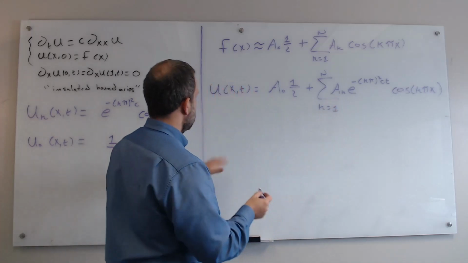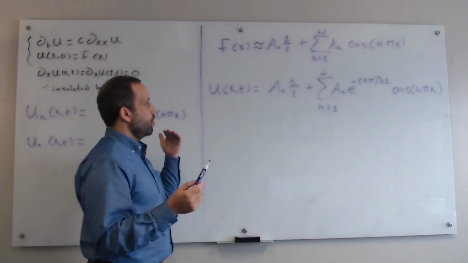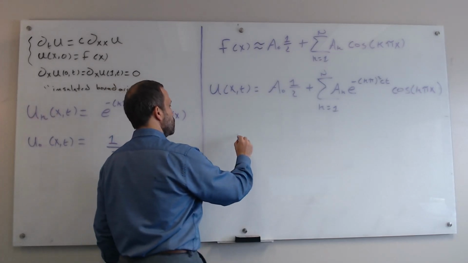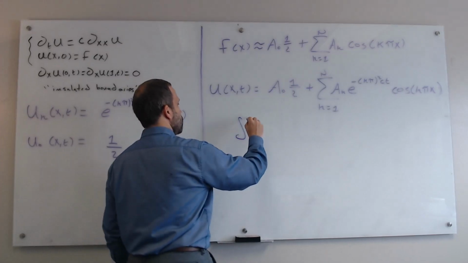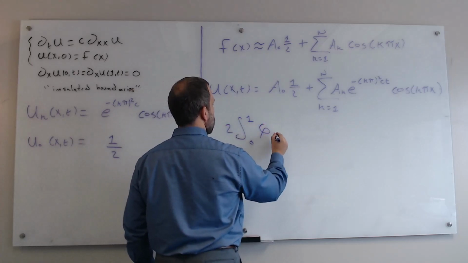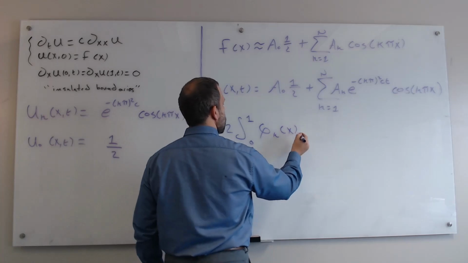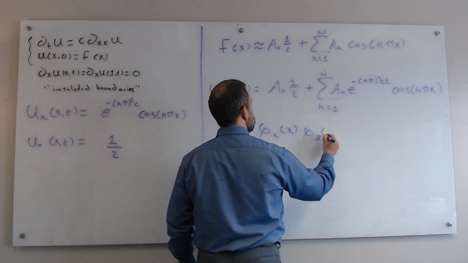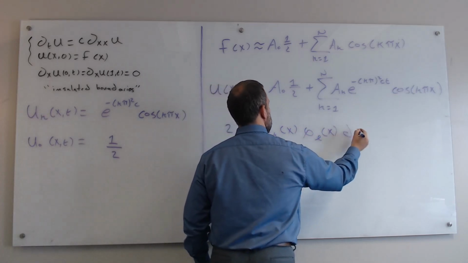Very similar to what we saw before, look at the integral from 0 to 1 of 2 times phi k of x times phi L of x dx.